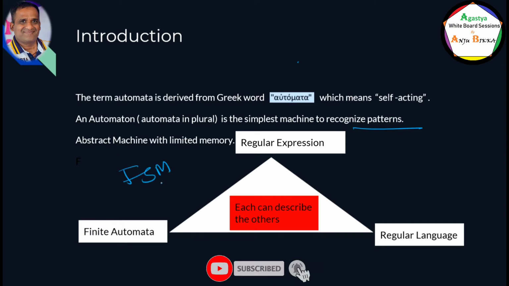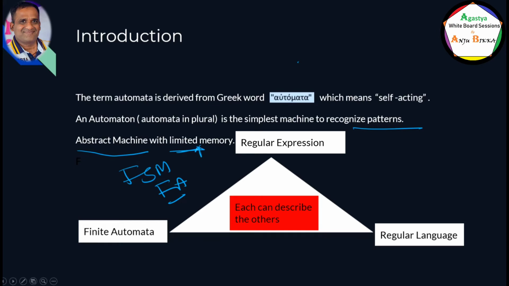This finite state machine or finite automata is an abstract machine with a limited memory. Why it has limited memory, we will elaborate, but it is a very limited memory.